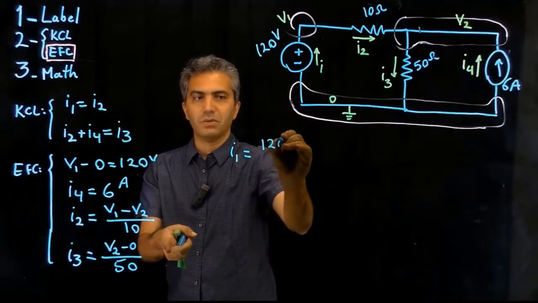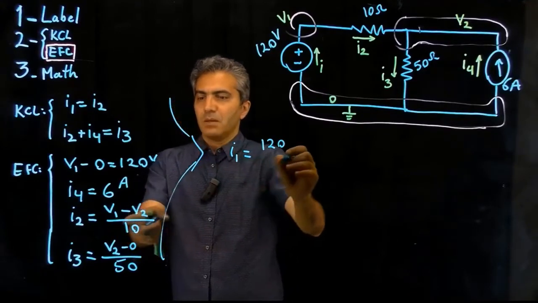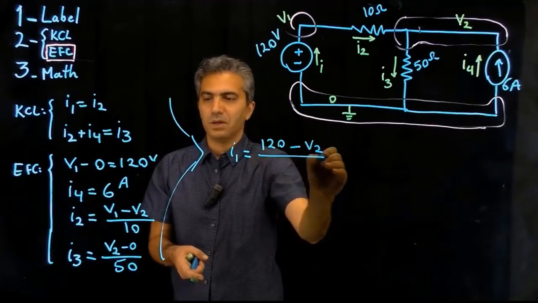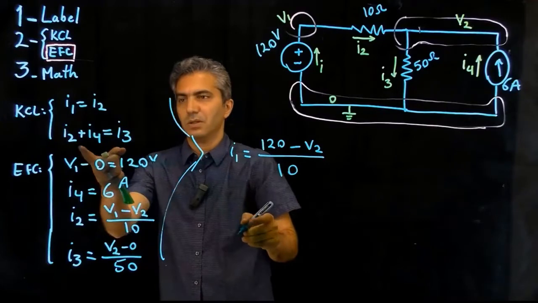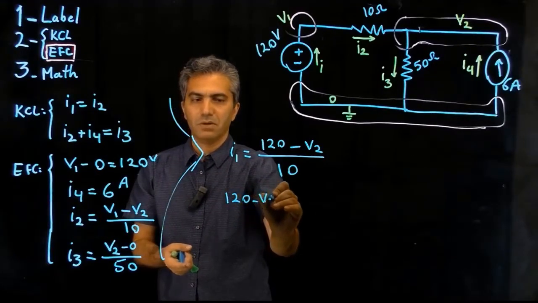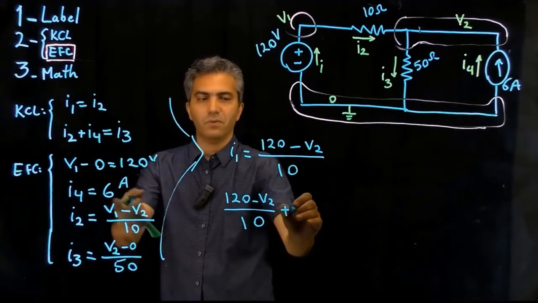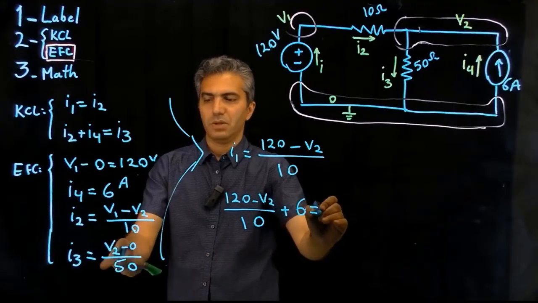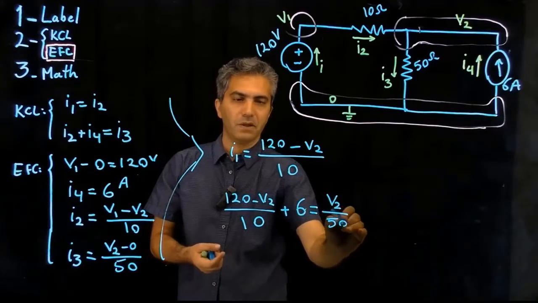That would be 120 minus V2 divided by 10. So that's that first equation, and then here I2, which is 120 minus V2 divided by 10, plus I4, which is 6, is equal to I3, which is V2 divided by 50.